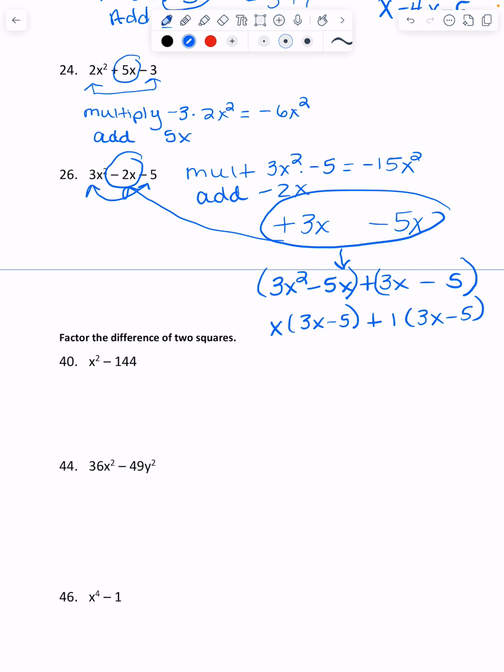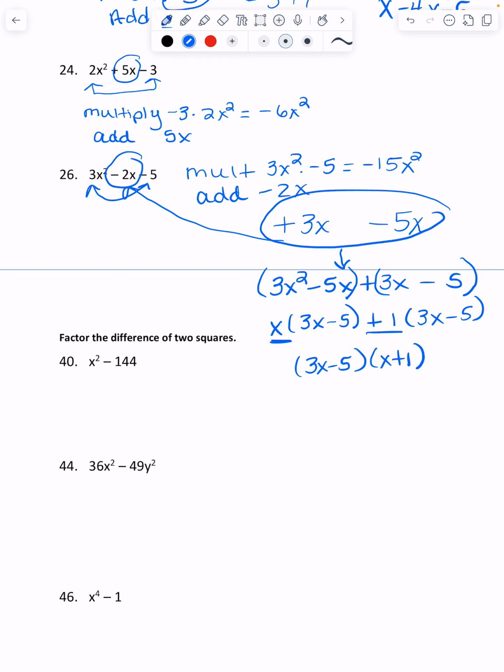So if you don't have a GCF between those two numbers, your GCF is actually 1. Still works out. I have 3x minus 5 in both of those, so I'm going to factor that out, and that's going to leave me with an x plus 1 as my second binomial. So that's an easy way of factoring harder trinomials. You're going to rewrite it as a grouping problem.